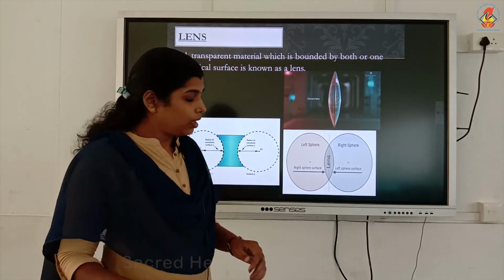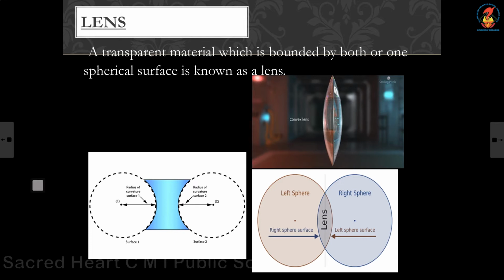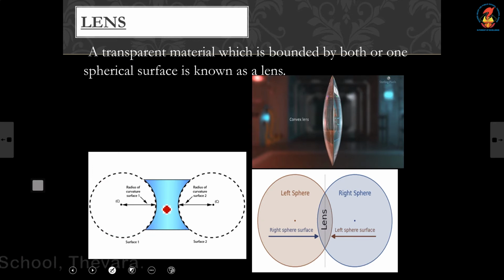Now, in this figure, you can see the middle portion is thin and towards the edges it is thicker. The two sides of this lens are parts of a spherical surface, so two curved surfaces are there.